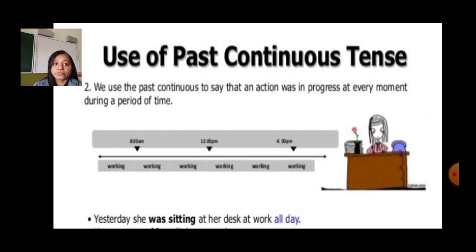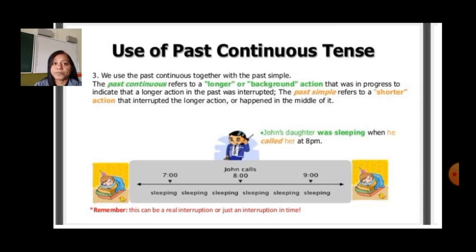Here she was sitting and working at 8 a.m., 12 p.m., 4 p.m., etc. It means at every moment she was sitting at her desk and working. So we can use past continuous tense when the action is in progress at every moment during a known period of time.